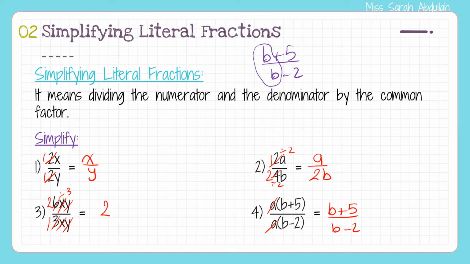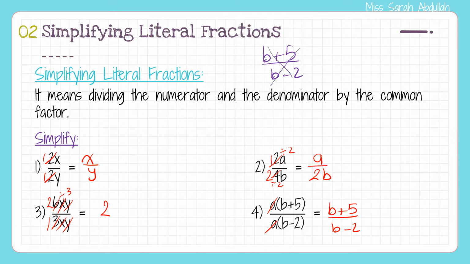I cannot simplify it when I have addition or subtraction because it doesn't make any sense. If I divided by b and by b, I'll get b plus 5 over b minus 2 over b. Look at this. It's just going to get us back to square one. We won't be able to simplify anything. So it doesn't work. I cannot simplify this, okay?